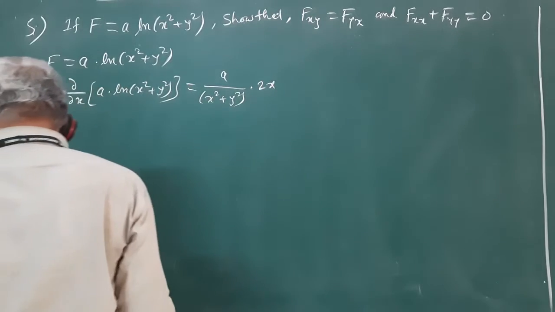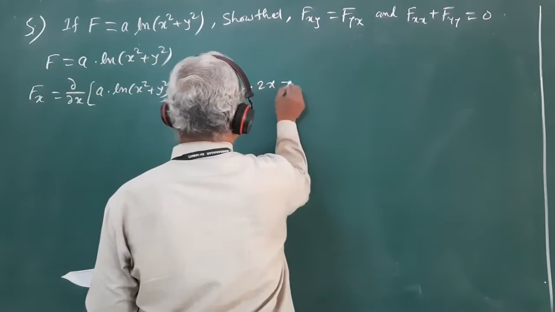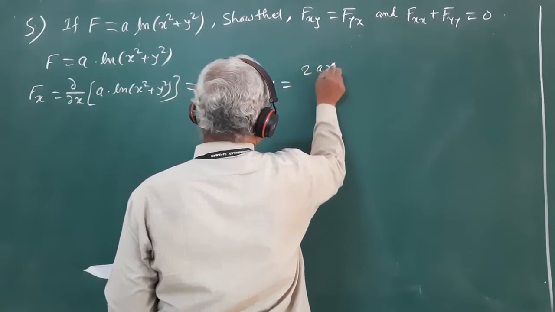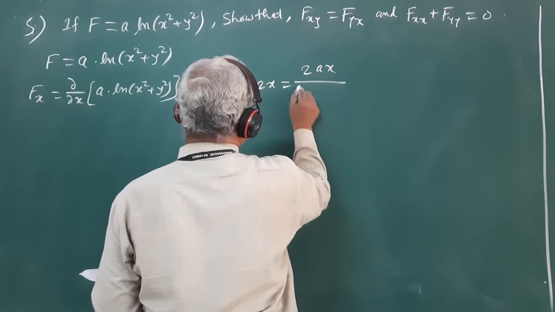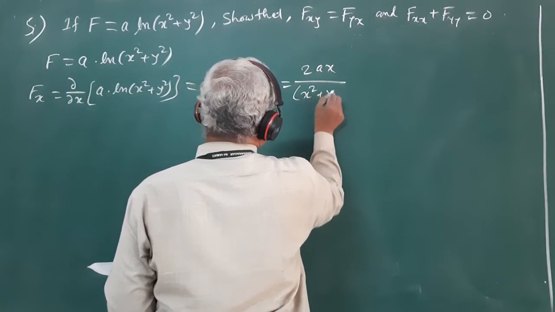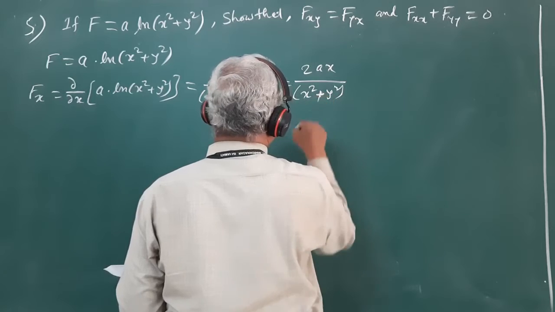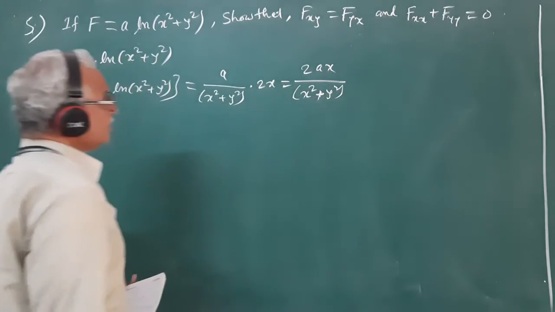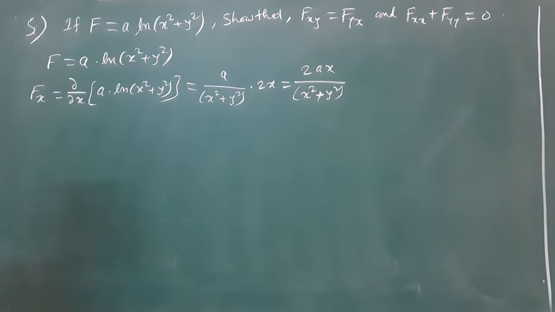So this is nothing but equal to twice ax divided by x square plus y square. This is the expression for fx.